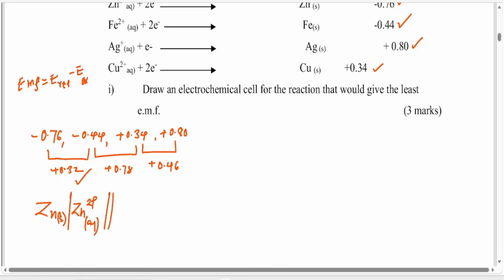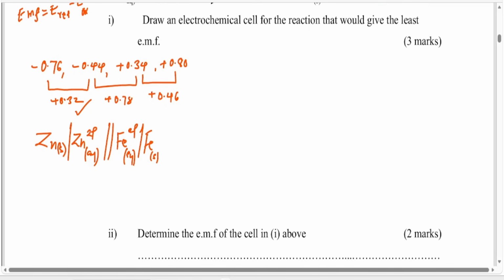And then we have a salt bridge, and we have iron 2 undergoing reduction to obtain iron metal. With this particular cell notation, I can comfortably draw an electrochemical cell just by copying what I have in the cell notation.